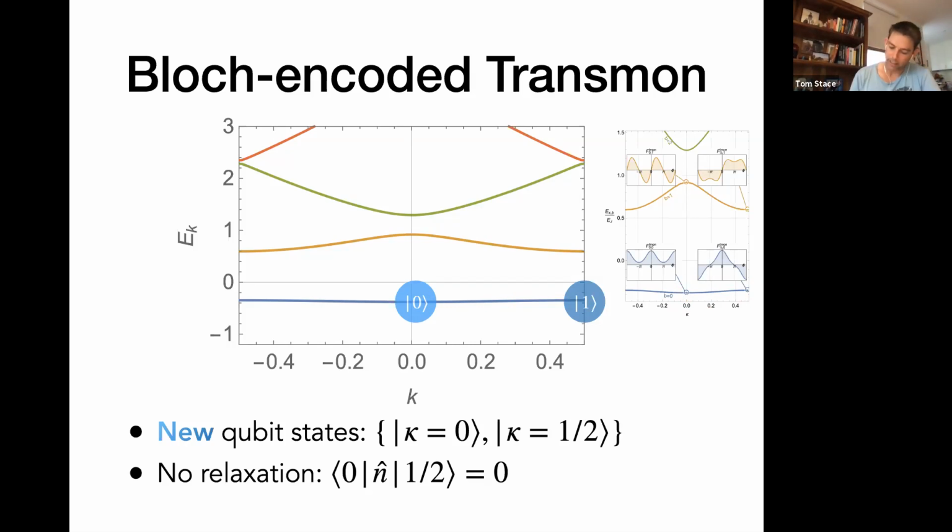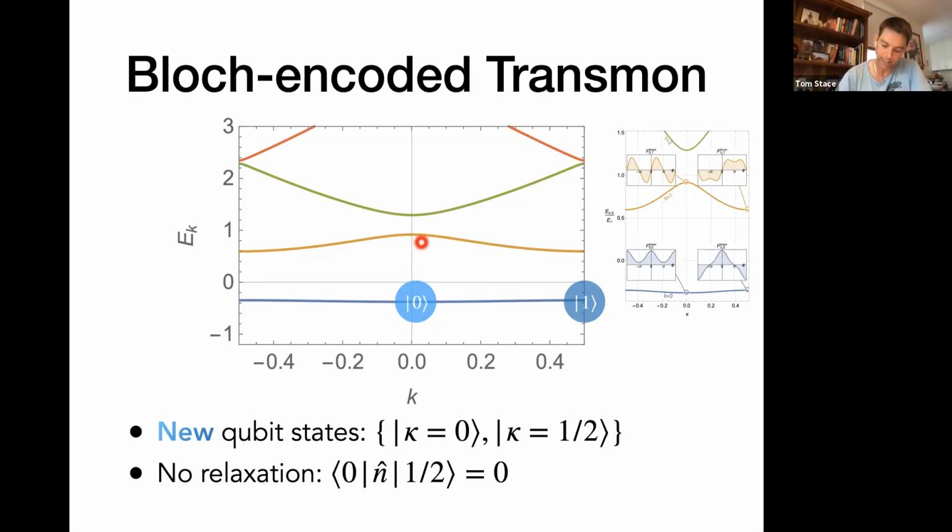And there's a symmetry in Bloch's theorem essentially that says that there is no dipole moment between these two states. So there's no charge matrix element that connects this state with this state, and so there's no relaxation. That is, if the 2-pi periodic symmetry of the Hamiltonian is a good symmetry, then there's no relaxation between two states in the same band.